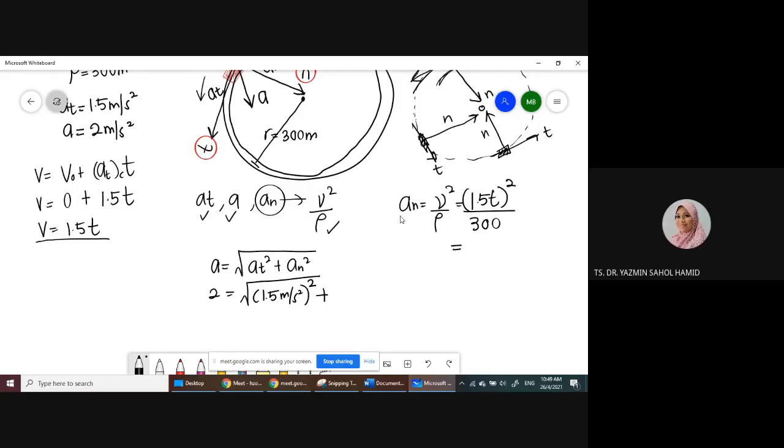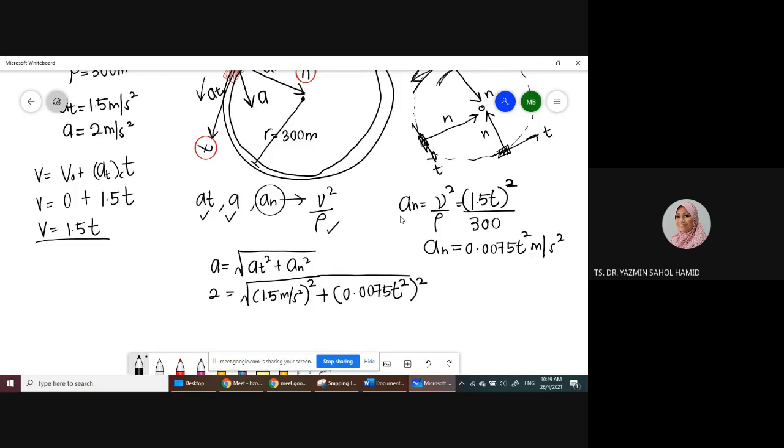Don't forget there's a square here. You should get 0.0075 T squared meter per second squared. Okay, so this is our AN. 0.0075 T squared. Don't forget the square.